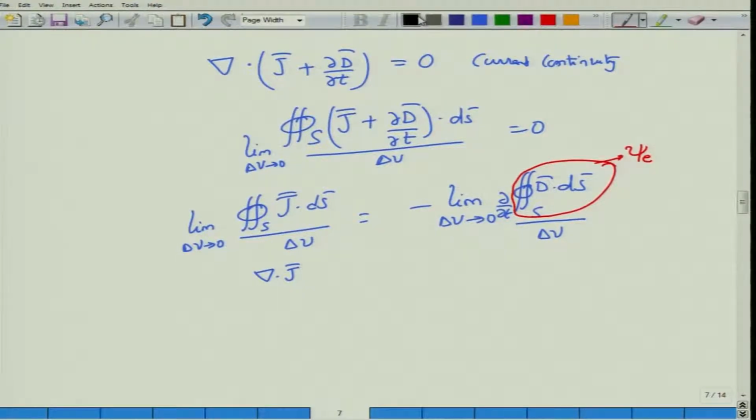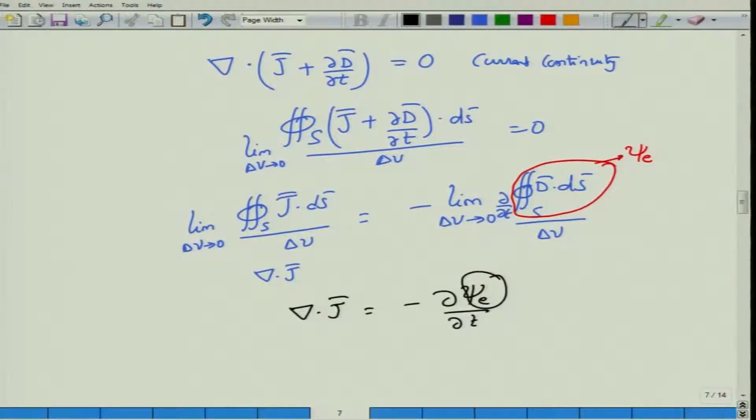So del dot J is actually equal to minus del electric flux density by del t. This change of the electric flux, not the flux density, gives you the displacement current, because electric flux is related to D.